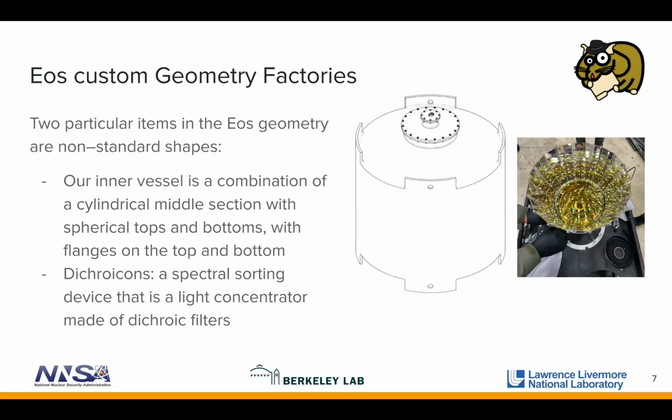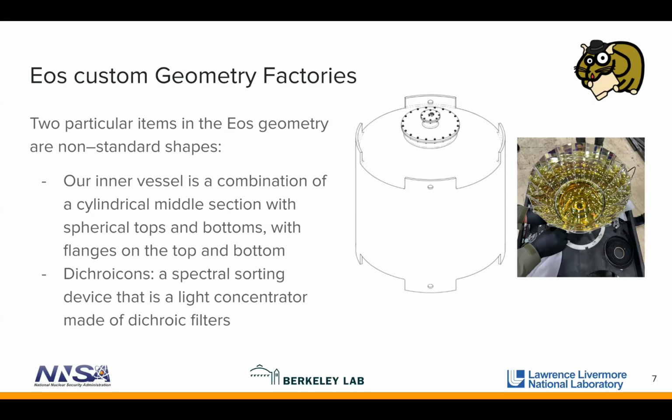But we do have some custom geometry factories. So mainly in EOS there are two. The first thing is that our inner vessel is this complex shape. I'm showing the CAD drawing the engineers made during commissioning here. You can see that it has a cylindrical middle section, spherical caps, and these flanges on the top. That's a relatively complex shape.